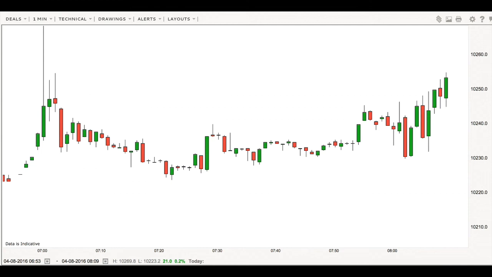So the market often pushes up to that level and then starts retracing backwards, and sometimes it pushes through that particular level and tests to see what appetite there is at higher prices. So you can see that all of the prices on the chart so far have been below 10,250, and the last time it reached that level, it rejected back down below that level.